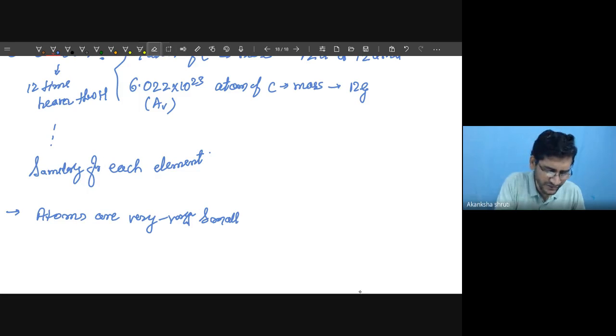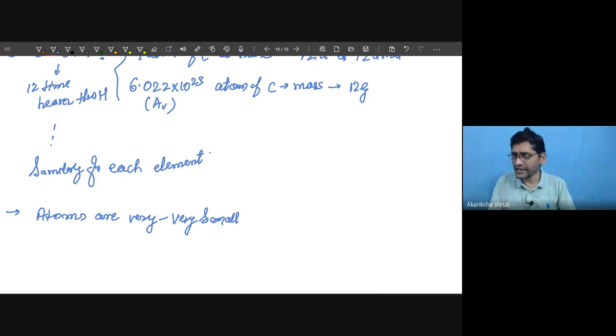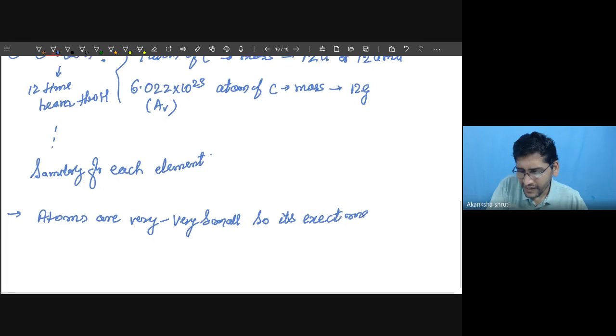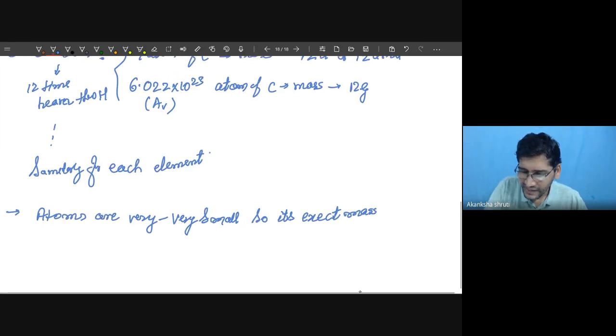Even they are not visible to our naked eyes. Therefore, they cannot be placed on any balance to measure their mass. Very, very small. So its exact mass cannot be measured.